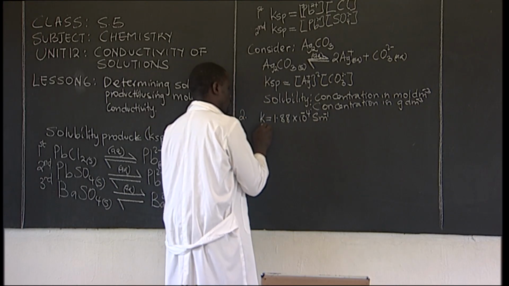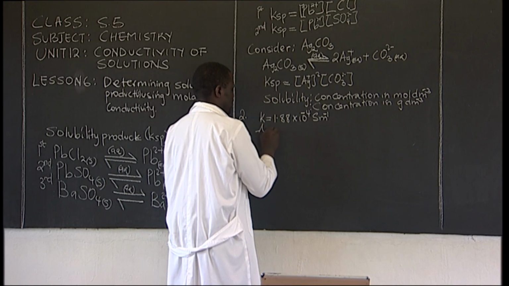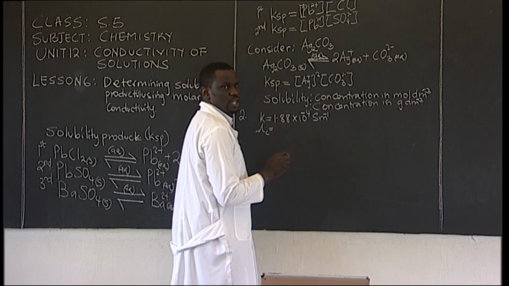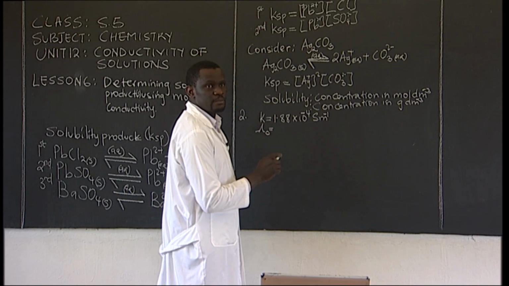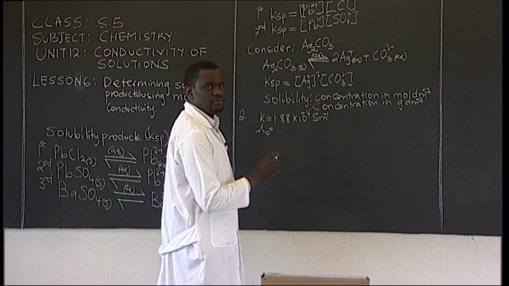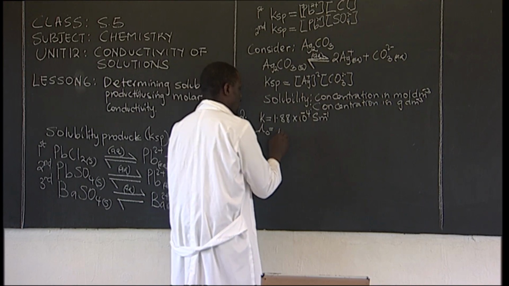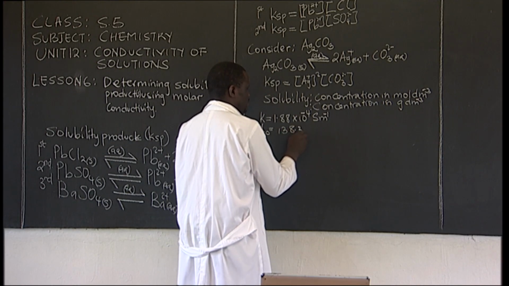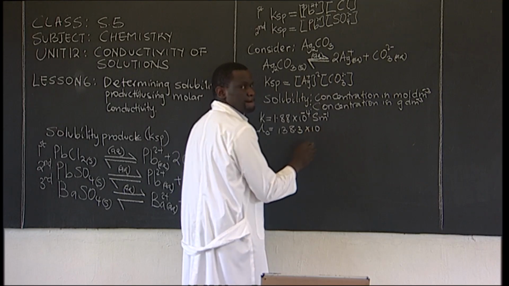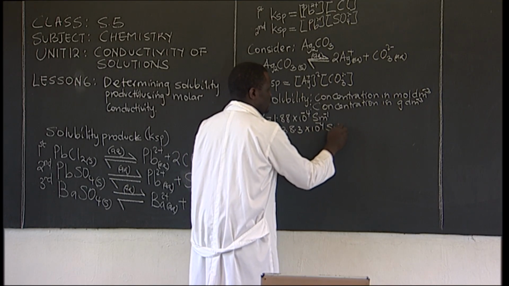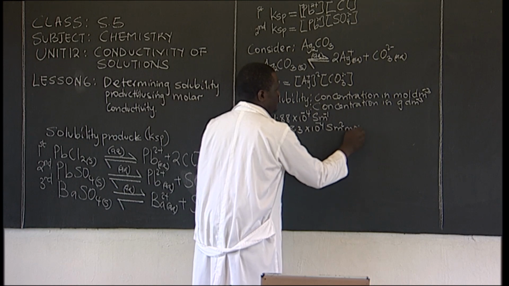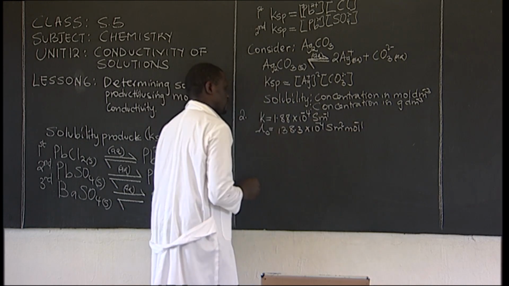Then we also have the molar conductivity at zero concentration, which is 138.3 times 10 to the power negative 4 Siemens meter squared per mole. So these are the two things we have.